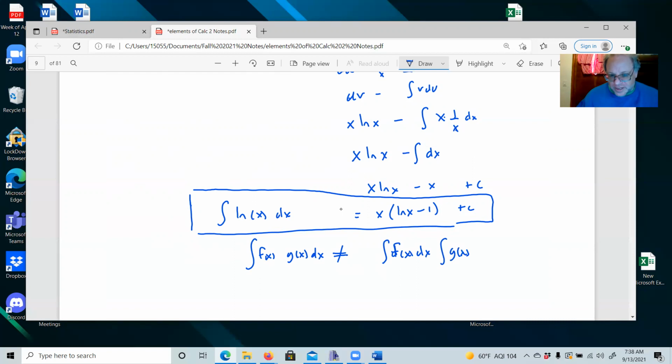A lot of students like to do this, okay? It is one of the worst things you can do, right? So try really hard. If you see two functions that happen to multiply, try u substitution, right? Try multiplying them out, but try u substitution first. If that doesn't work, then go to integration by parts, okay?